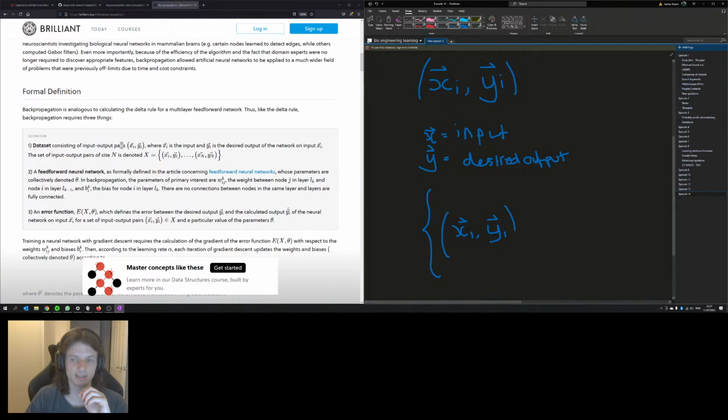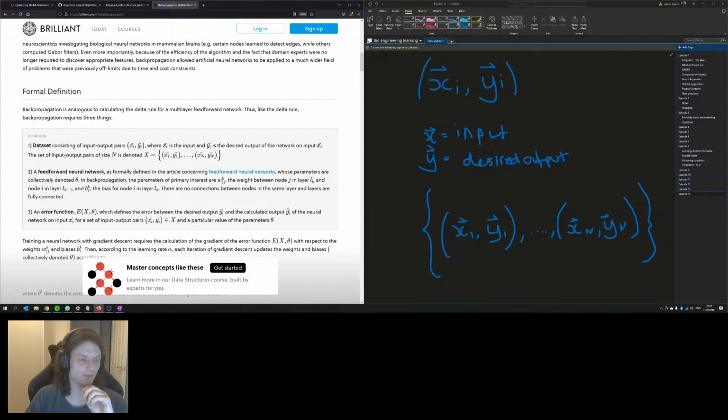That is already interesting, and I'll tell you why: the input goes in, the output comes out. This is a chain of events.